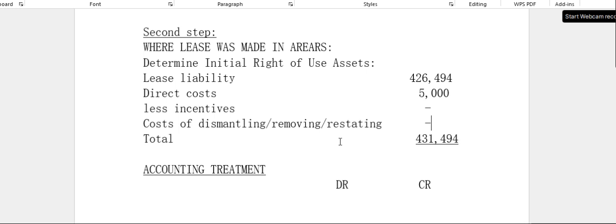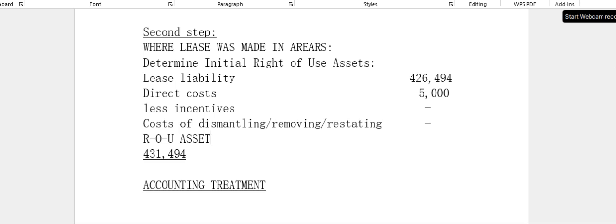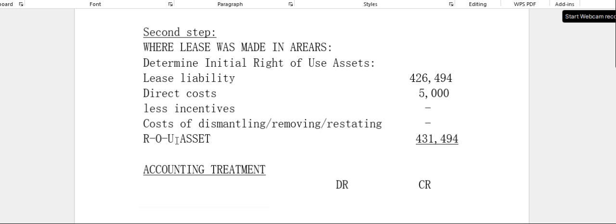And then this total here is known as the right of use of assets. Is it clear now? Are we still together? Yes.